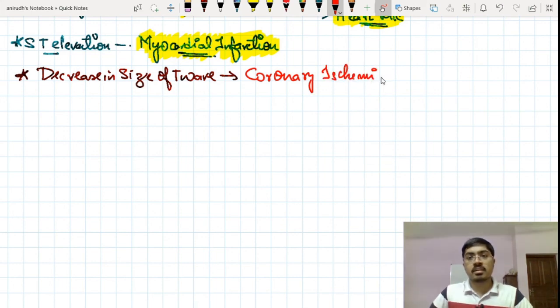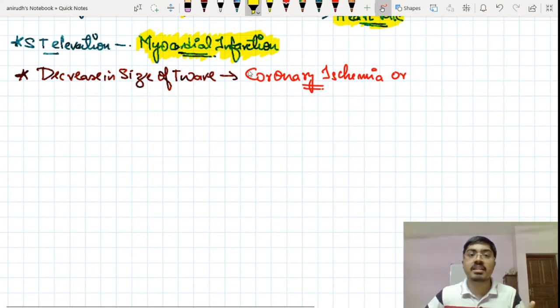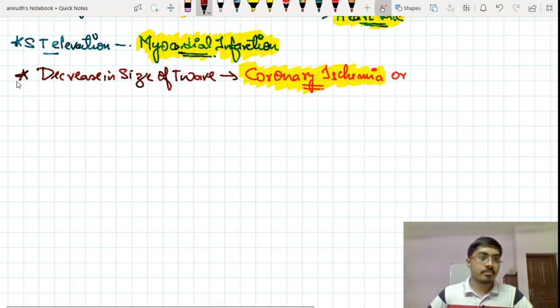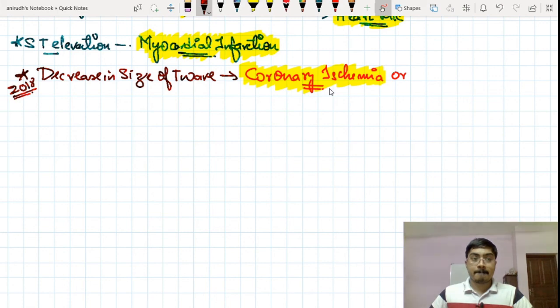That means there is less oxygen supply to the coronary, I mean the heart muscles, isn't it? This was the option that was there in the question paper, so I'm simply taking that and writing here. Okay, this was from the 2018 exam. Yeah, coronary ischemia, or you can even call it myocardial ischemia.